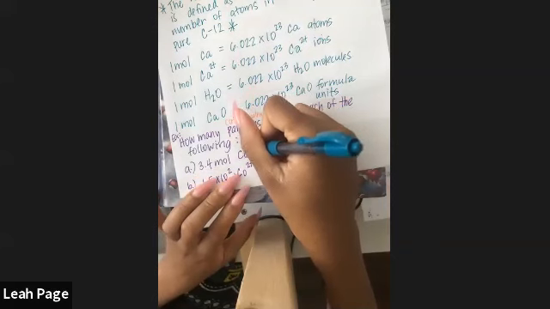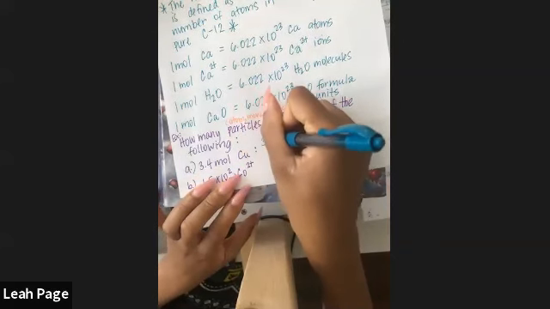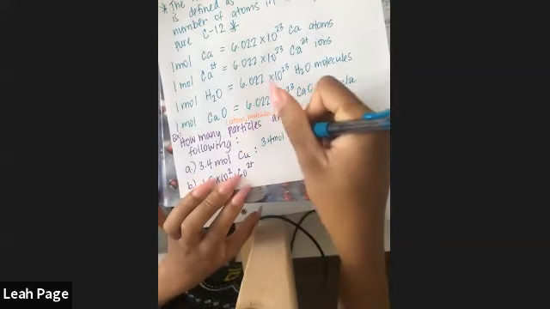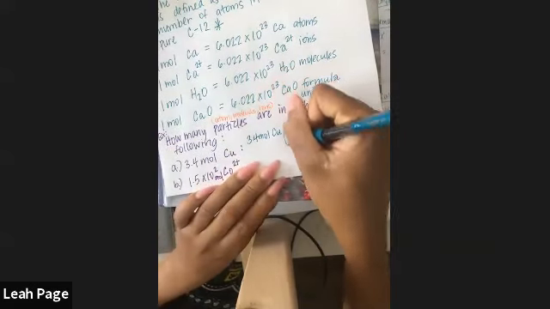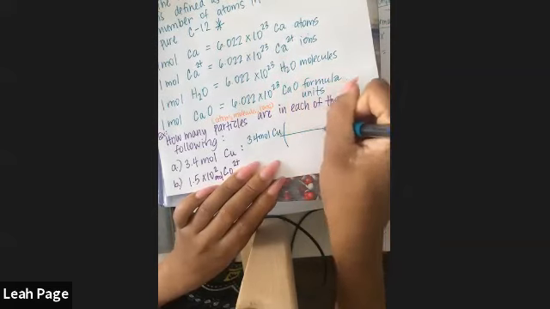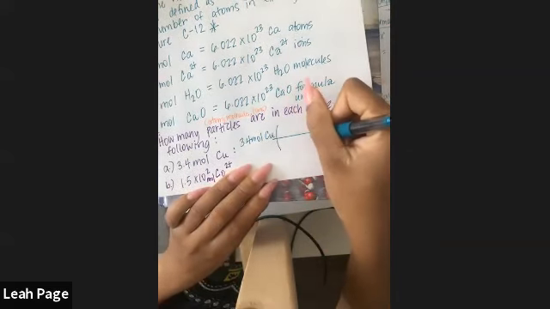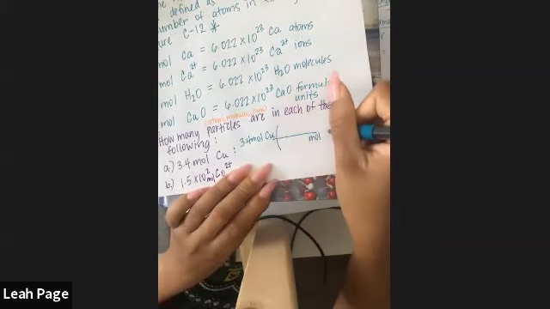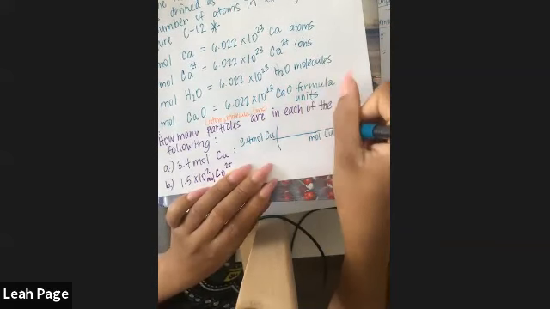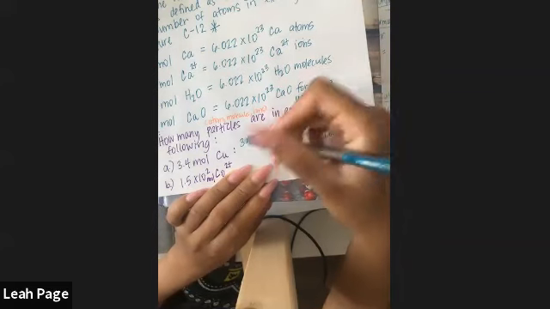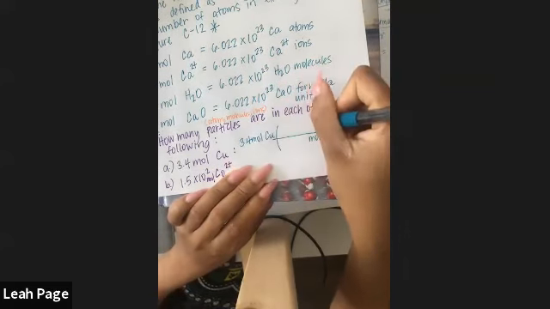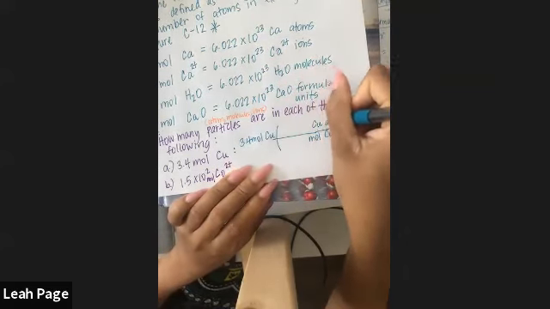So if I set it up, I start off with 3.4 moles of copper. My conversion says I want to get rid of moles of copper first. So I'm going to write it in the denominator, moles of copper. And then I want to convert to atoms of copper, so I'm going to say copper atoms at the top.